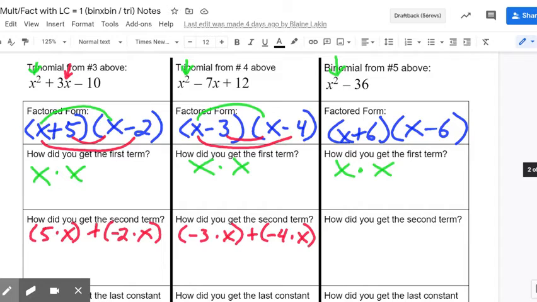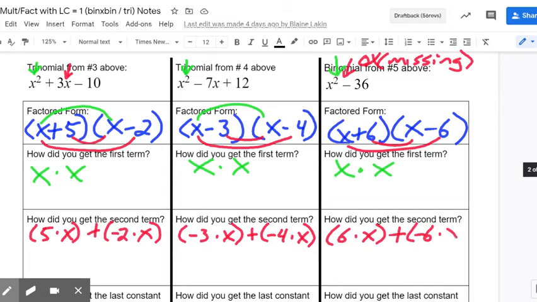And in this last one, the middle term's really missing. It's 0. It's missing because it's 0. And that just came from 6 times x plus negative 6 times x.